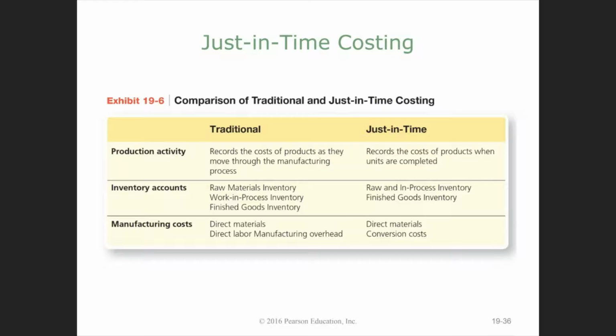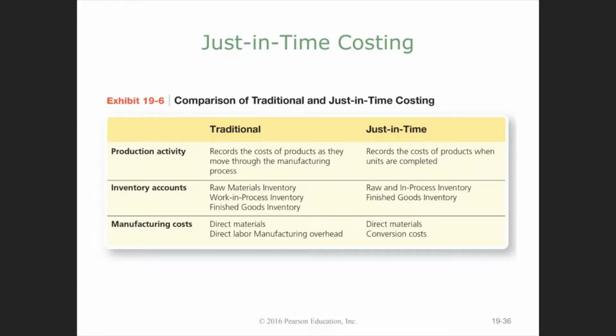For inventory accounts, in a traditional setting, we have our raw materials inventory, our work-in-process inventory, and our finished goods inventory, which we saw on that previous slide. The multiple areas of assembly line that the traditional production system runs through. We saw raw materials. We didn't see a work in process, but the assembly worker would fall within that work in process because they're working to put it together.